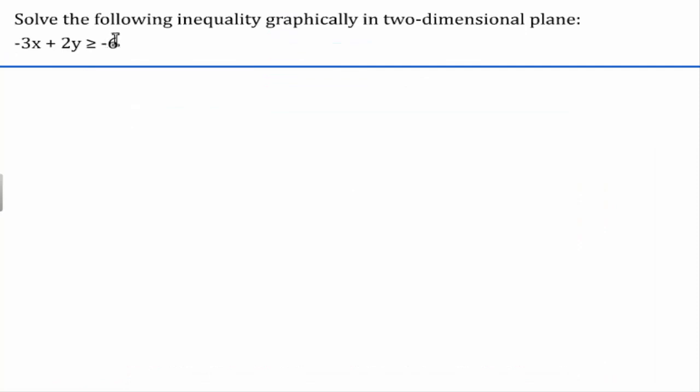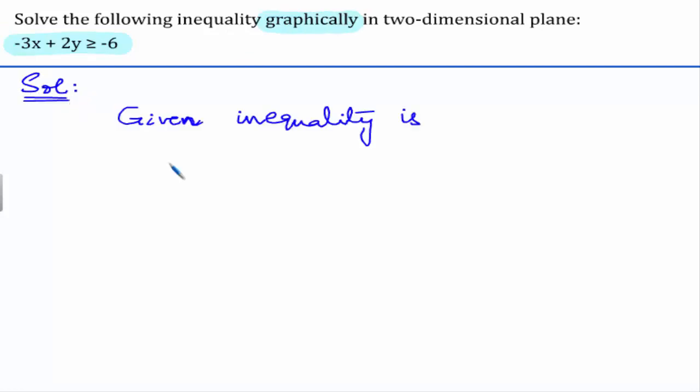In this question, we need to solve the given inequality using the graph. Let us see the solution for this. The given inequality is minus 3x plus 2y greater than or equal to minus 6.